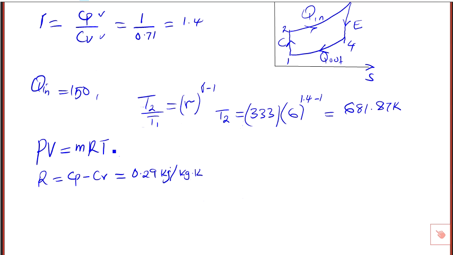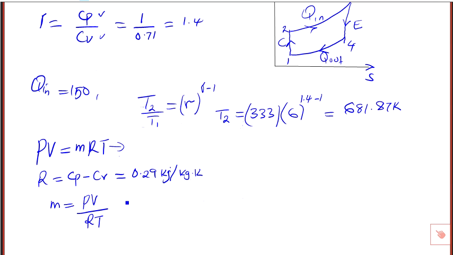Now, going back to that formula, how can we get the value of m? The value of m now becomes PV divided by RT.